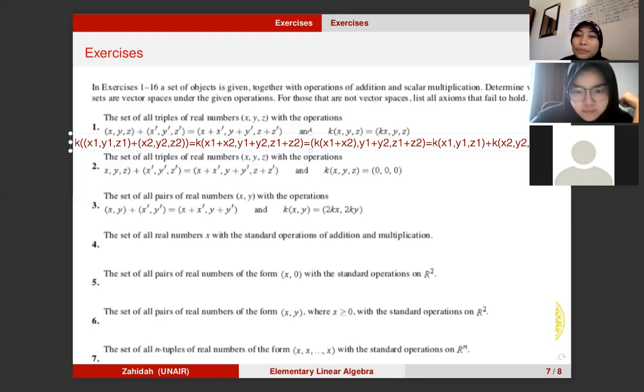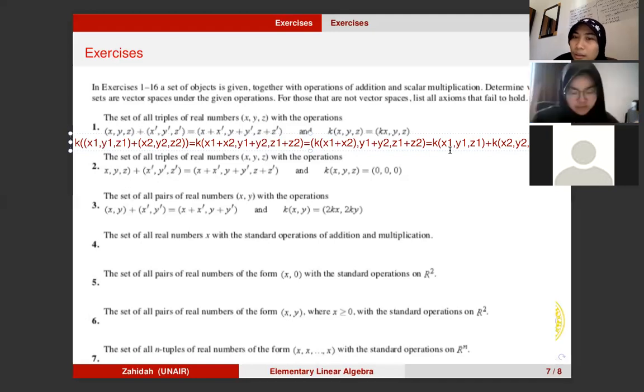Because we see from k(x, y, z) equal to k(x, y, z). From example 1, we solve from k, the behind of n, k(x, y, z) equals k, o, x, y and z.